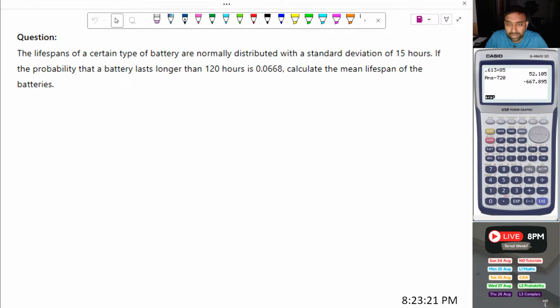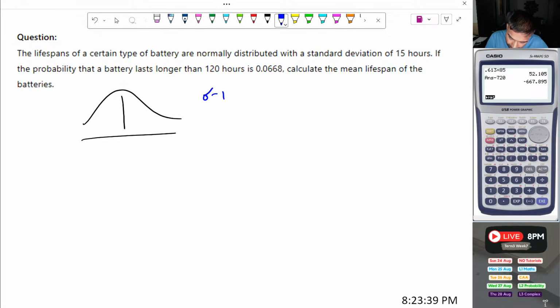Anyway, let's go through this one. If in doubt, I always suggest you draw a diagram because it always helps. So I'm just going to draw a rough sketch here. We've got the lifespan of a battery normally distributed with a standard deviation of 15 hours, and the probability the battery lasts longer than 120 hours is 0.0668.